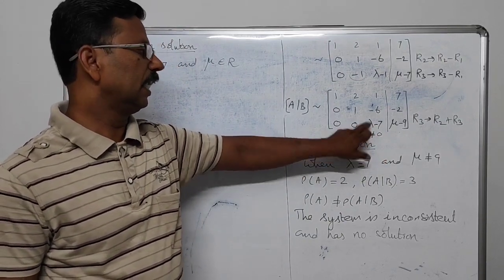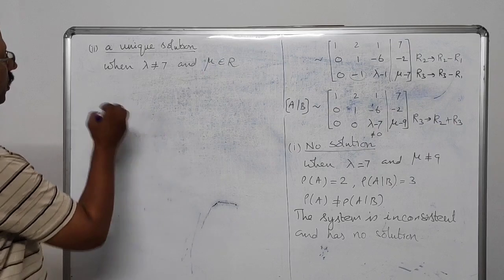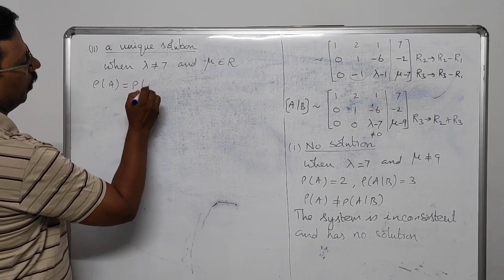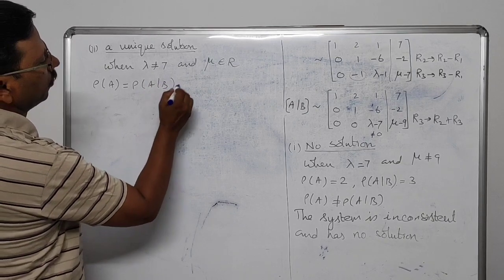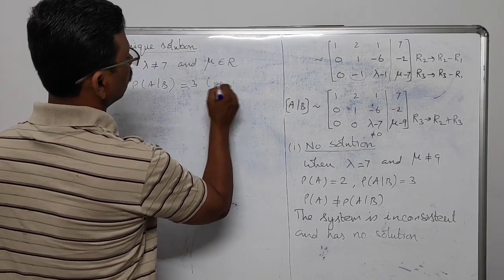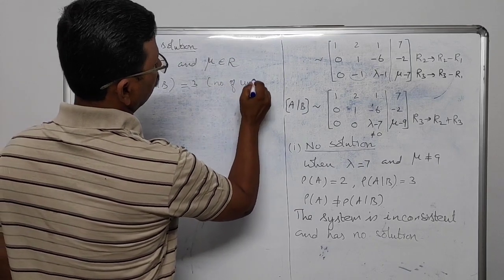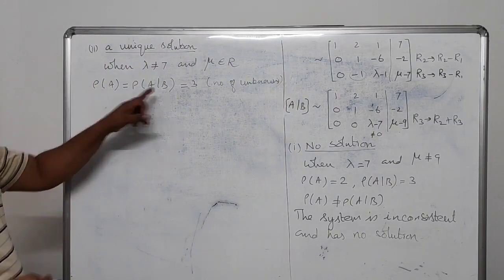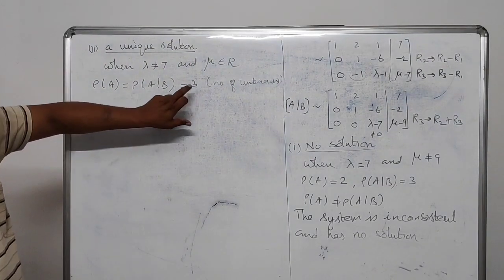Therefore, lambda should not be equal to 7. Then rank of A is equal to rank of AB is equal to 3, the number of unknowns.